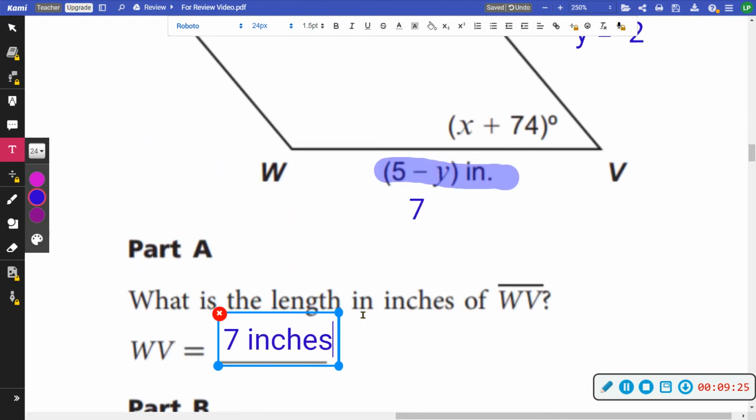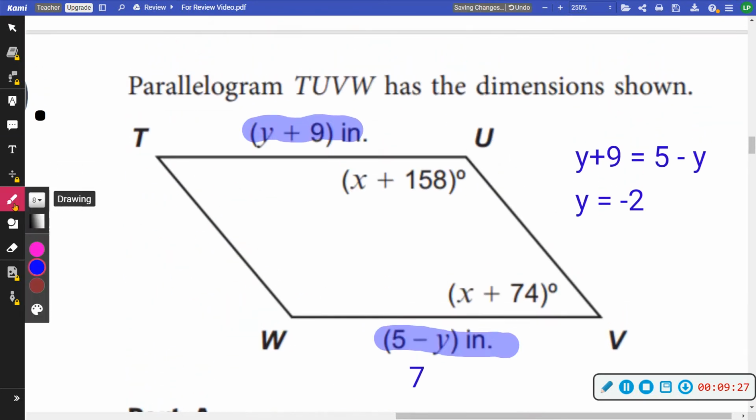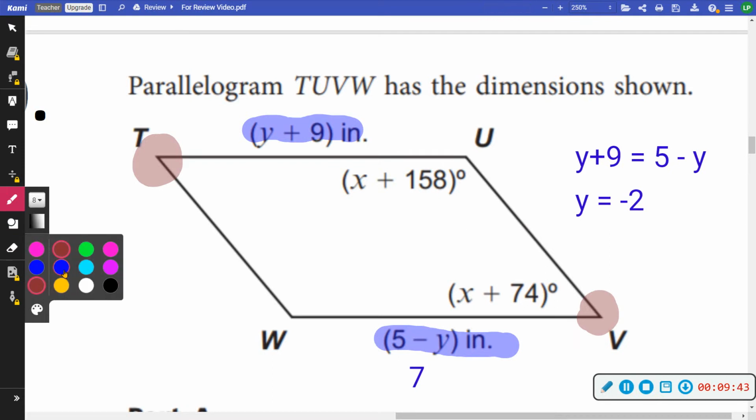What is the measure of angle T? So just so I don't forget, they want me to find this, which is equal to this. But all they give me are these two. So now I need to find some sort of an expression between these two, so this angle and this angle.